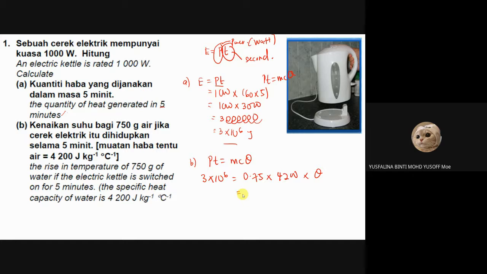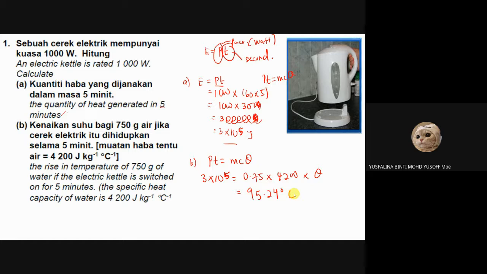This one is 300. Sorry. So 3 times exponent 5. Just now all of you got 3 exponent 6 also. 3 exponent 5 divided by 0.75 times 4,200. So you will get 95.24. Is it correct? 95.24 degrees Celsius.